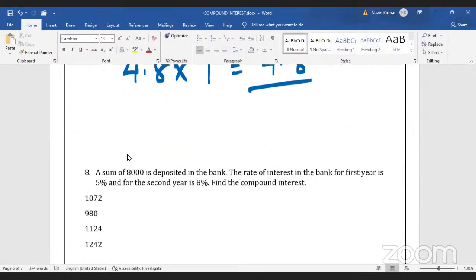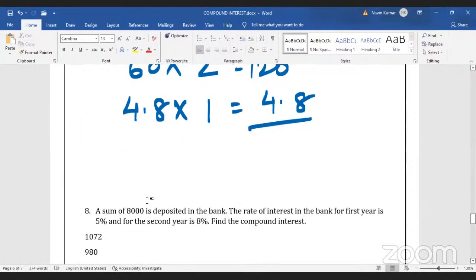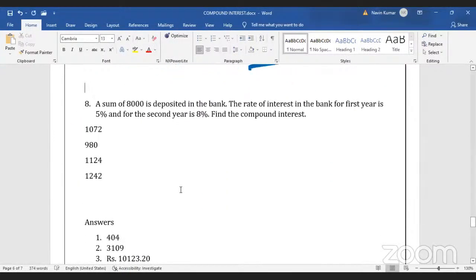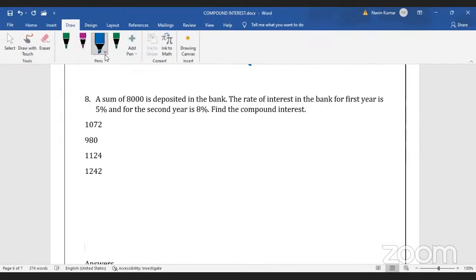Last question. Okay, अब यहाँ पे क्या करना है आपको बताता हूँ मैं. Can you see rate has changed? For the first year it's 5%, for the second year it's 8%. So what will be the one rate?